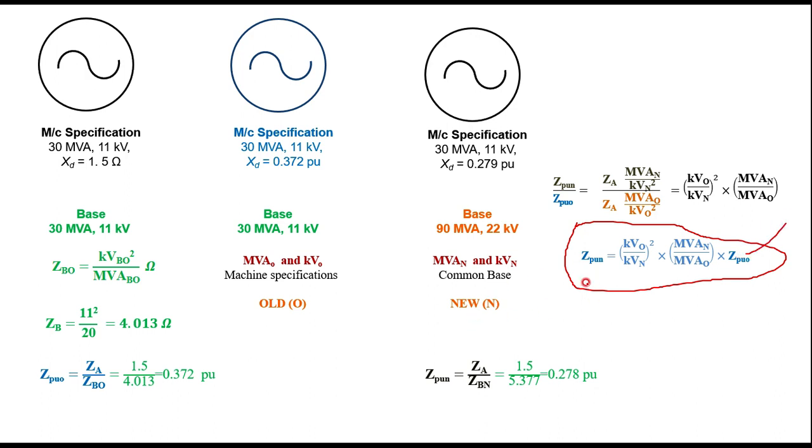You can see here, if you are substituting the values of the old base quantities and new base quantities in this equation, what you are getting, you can observe here.